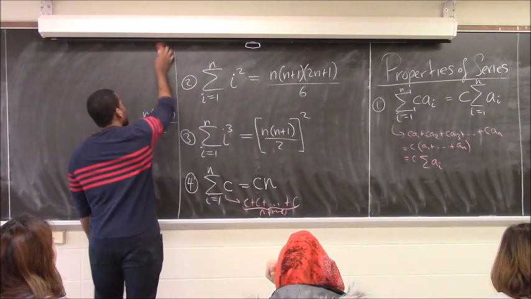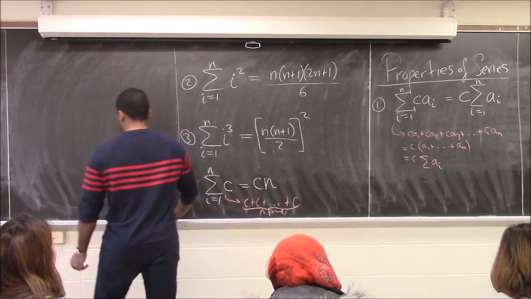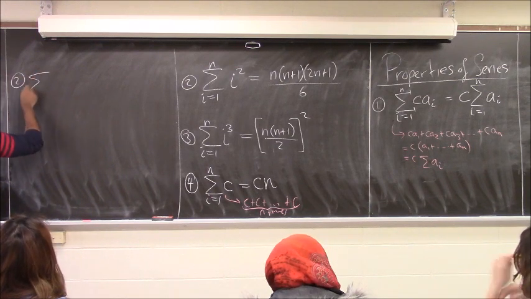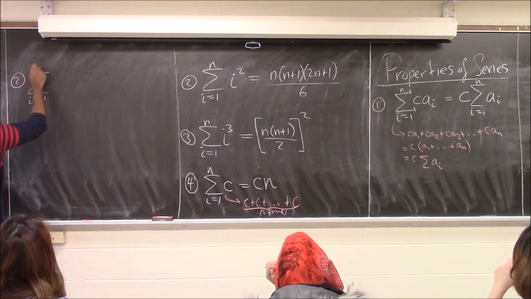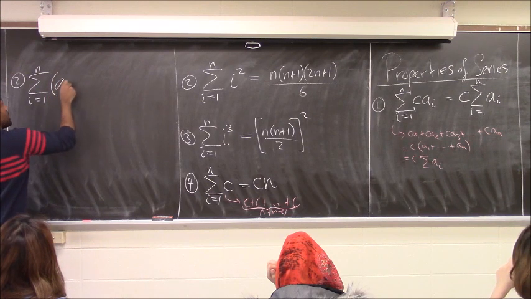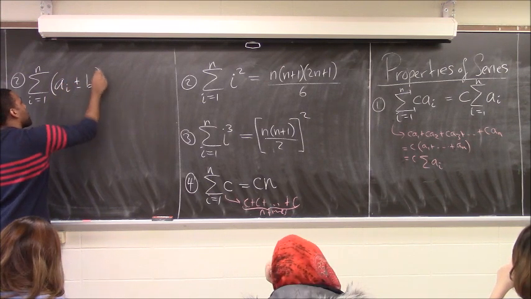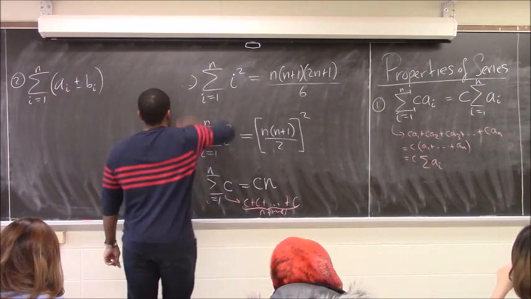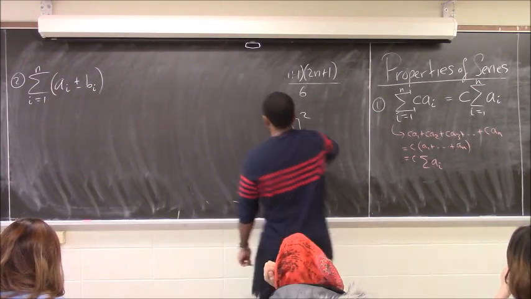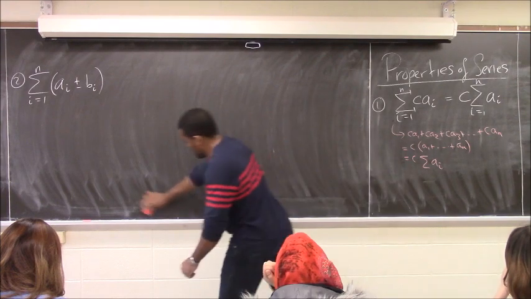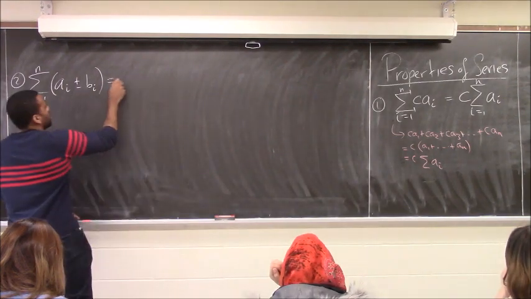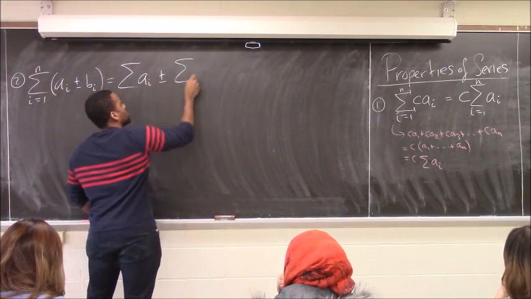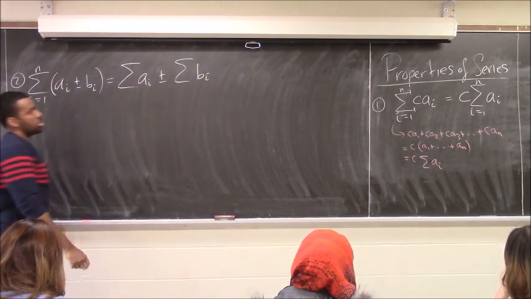How would we add two series together? Well, there's also a property that tells us that series will distribute across sums. So if I have something like a_i plus or minus b_i, I can distribute the series across these functions.